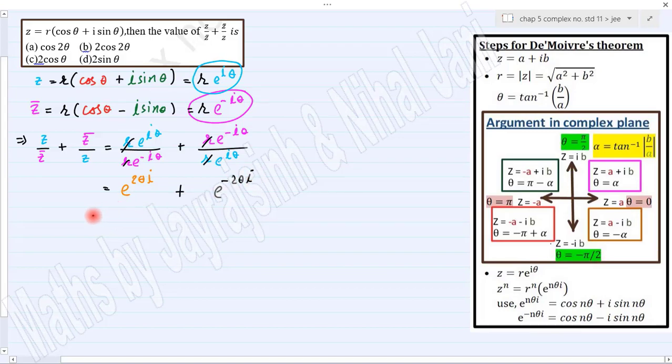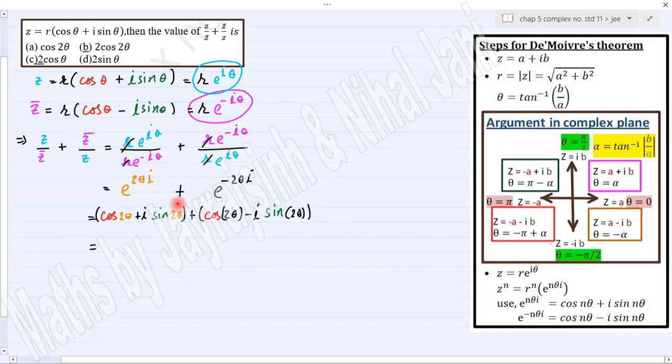Now if you convert into polar form, you will get cos angle, which is 2 theta, plus i times sine angle, which is 2 theta, plus from second term you will get cos angle, which is minus 2 theta, so cos 2 theta minus i times sine angle, which is again 2 theta.